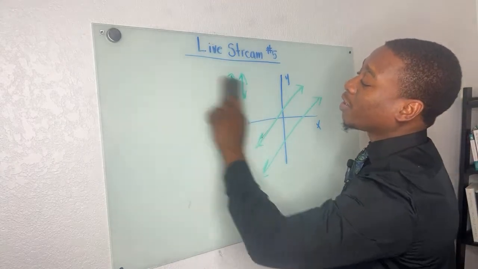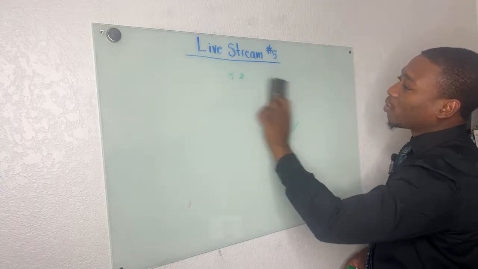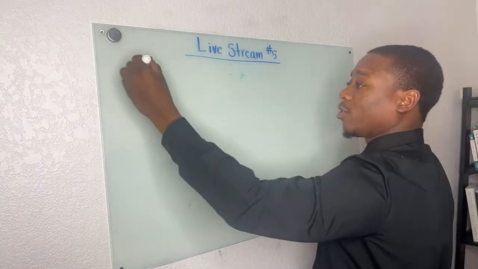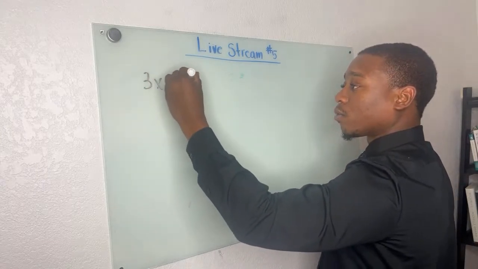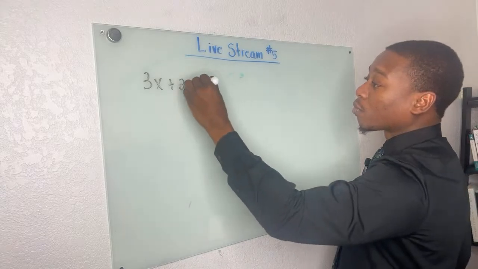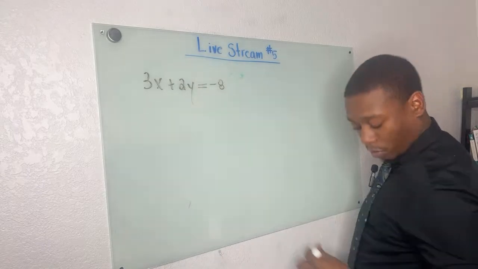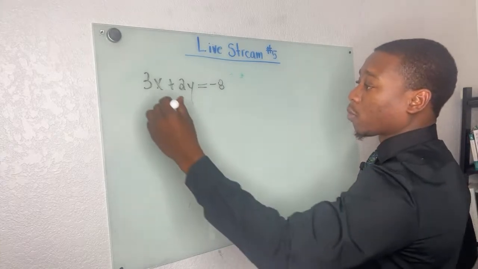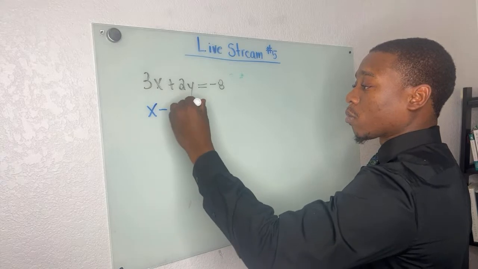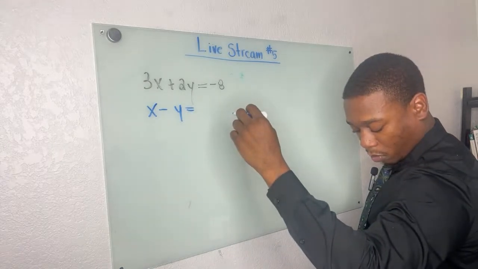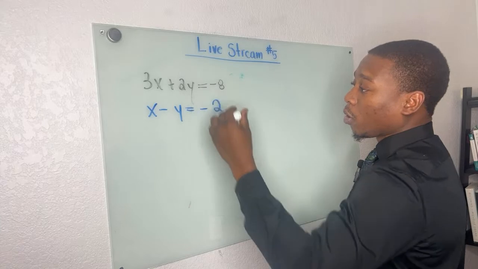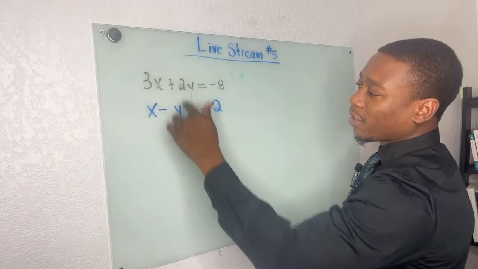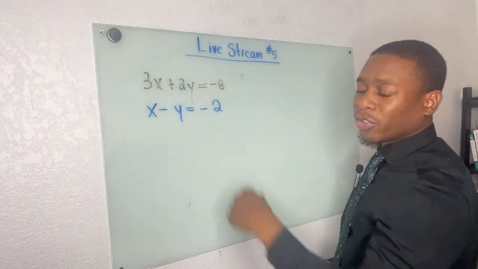Now we're going to move on to the second type of solution when we're talking about systems of equations and its graph. All right. So let's write this problem down. Okay. So when we look at this, guys, we notice they're both in standard form and our variables are lined up.